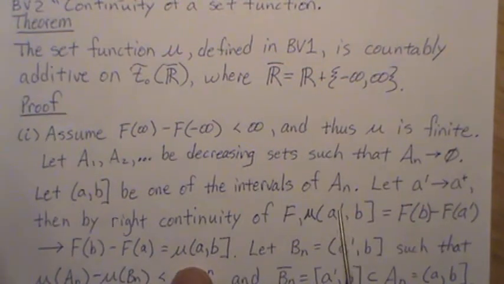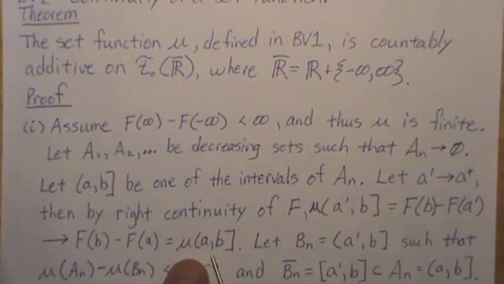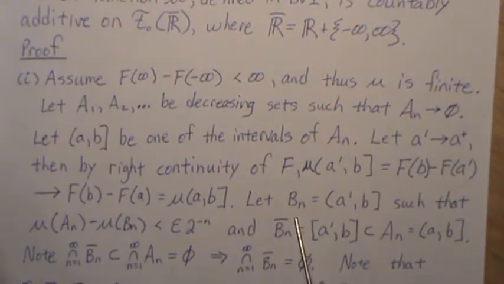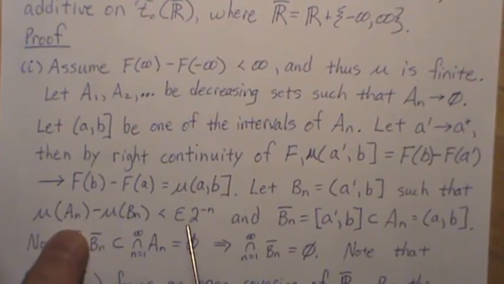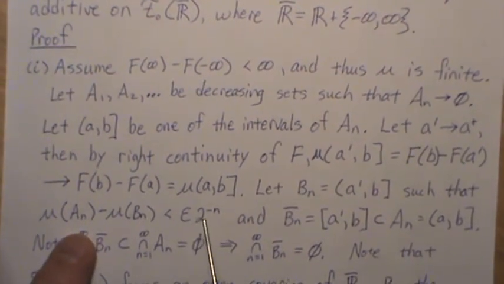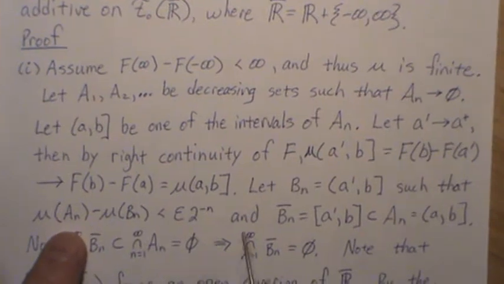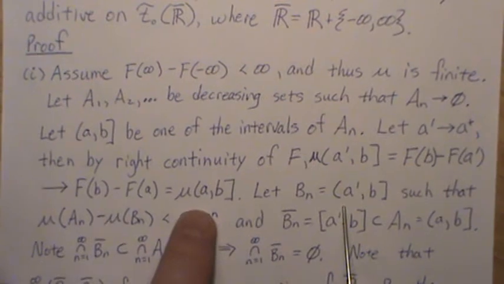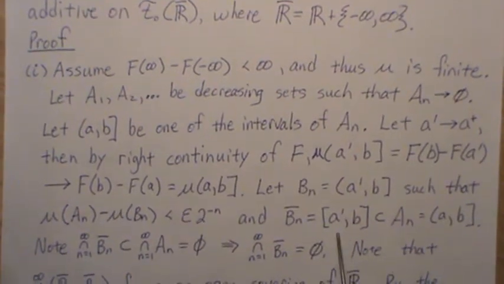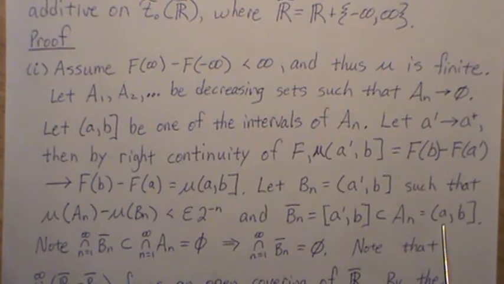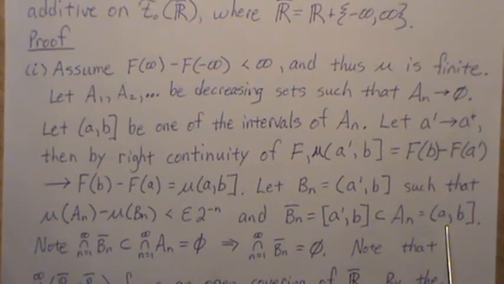Now, as this gets closer and closer, let's stop just before it reaches it, and let Bn be that interval such that the difference is less than epsilon over 2 to the minus n. But the closure of this interval that's getting really close to AB is a subset of AN, which is, of course, the right semi-closed interval AB.